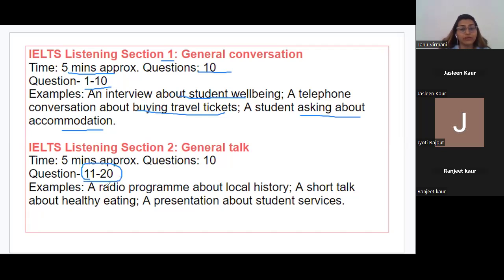And the topic would be about a radio program about local history, a short talk about healthy eating, or a presentation about student services. So these are the general topics that come in section 2 of your listening.